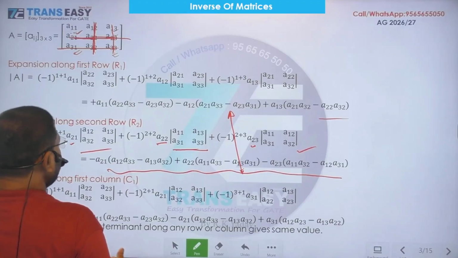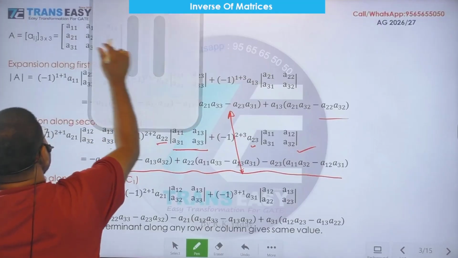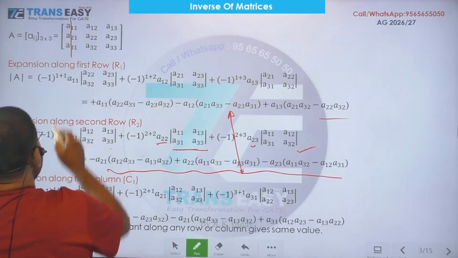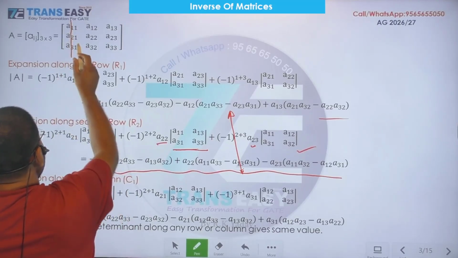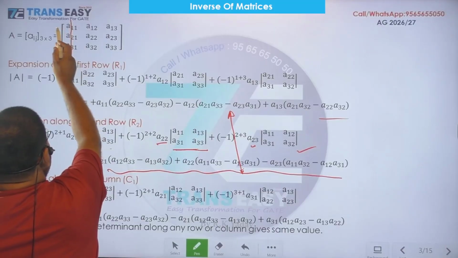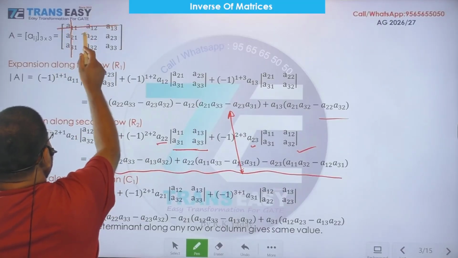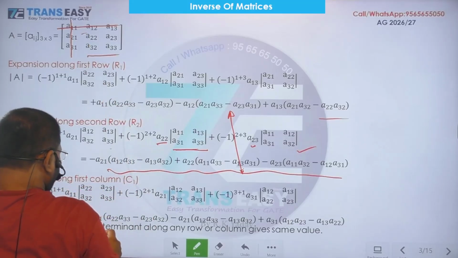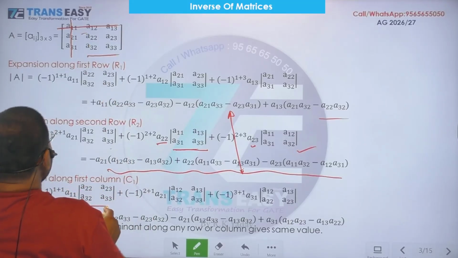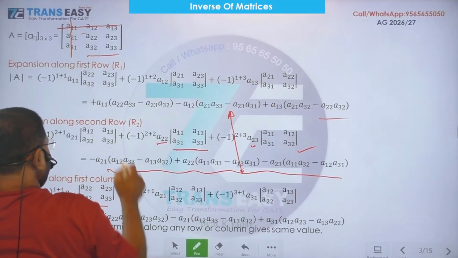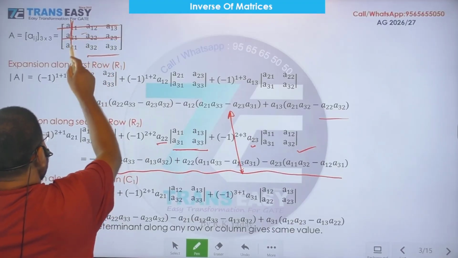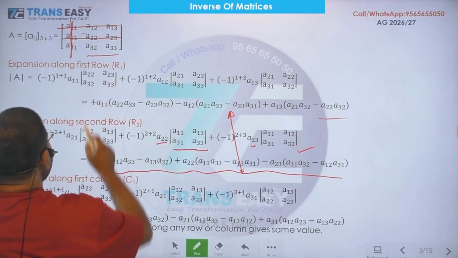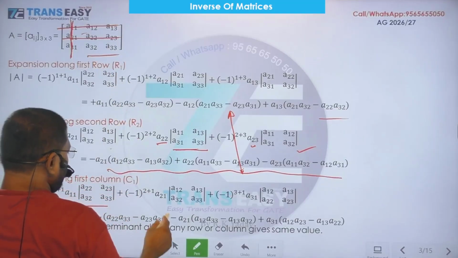We can also find the value of determinant by expansion along first column. Like minus 1 raised to the power 1 plus 1 A11, leaving elements lying on this line and this line. So we are getting second order determinant. Minus 1 raised to the power 2 plus 1, this A21, leaving elements lying on this line and this line passing through this element, A12, A13, A32, A33.